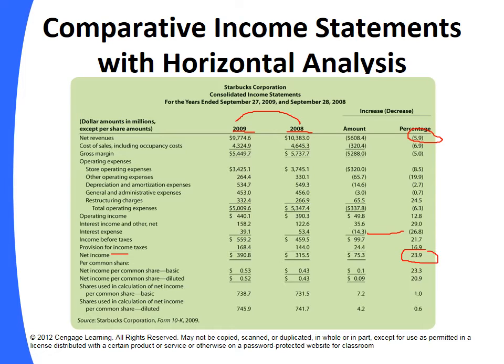Probably they didn't borrow as much money or they repaid some loans. And I see that they really kicked in on ensuring that their expenses dropped. Think of it this way: if my income goes down 6%, but I start dropping my expenses even more, then I can still come out on top and show net income.